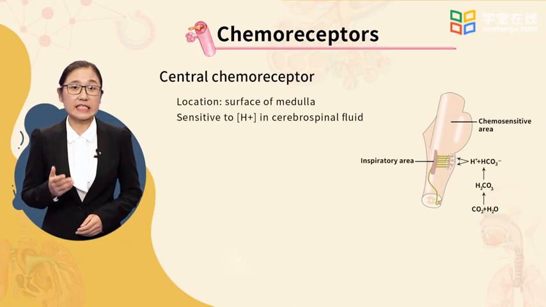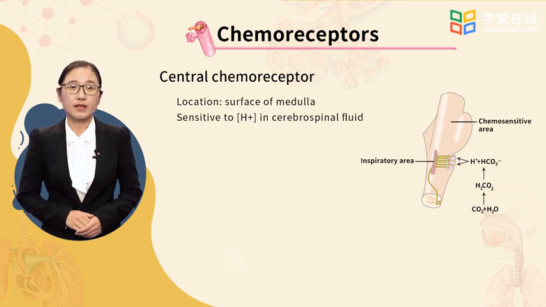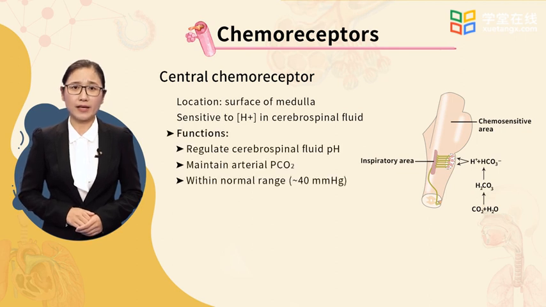Let's first discuss the central chemoreceptor, which is located on the surface of the medulla. The central chemoreceptor cannot be directly stimulated by the changes of CO2 or hydrogen ion concentration in the blood. Why?